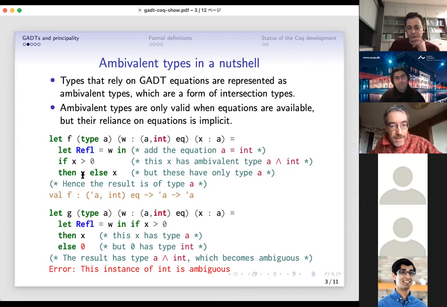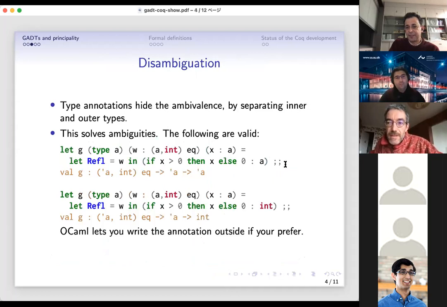You can force it to be int. This means that internally you have an ambivalent type, but you will have resolved it like you would have resolved it here. Okay, but then this means the system doesn't really have principal types, because I can manually annotate with a type which is not an instance of the inferred type.